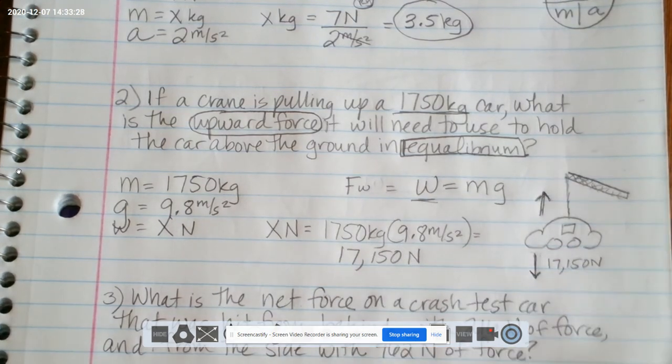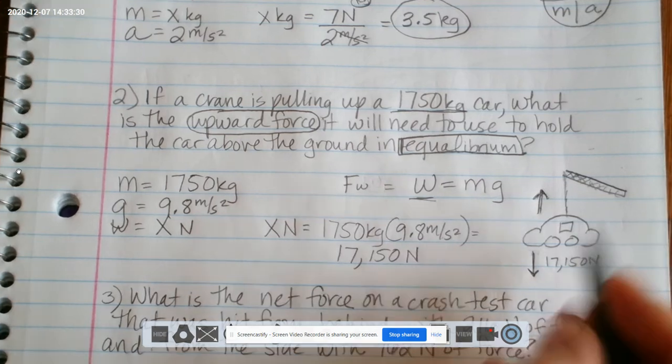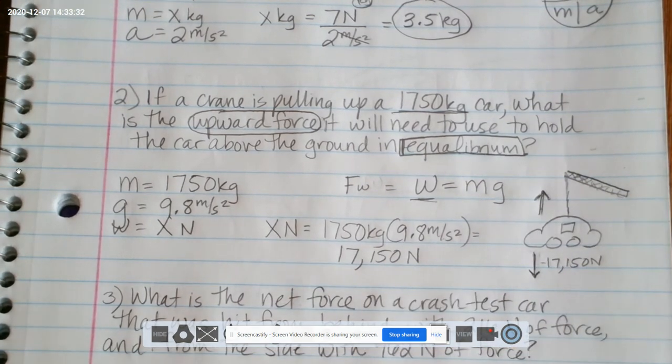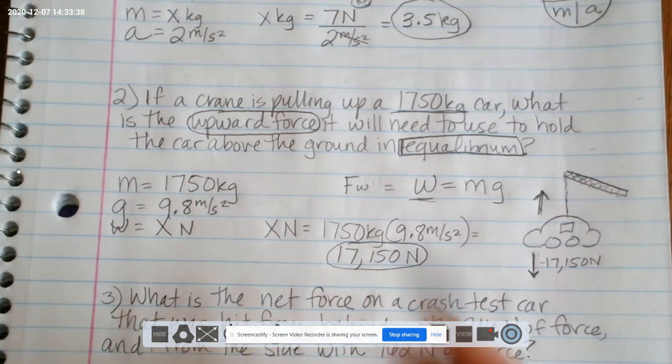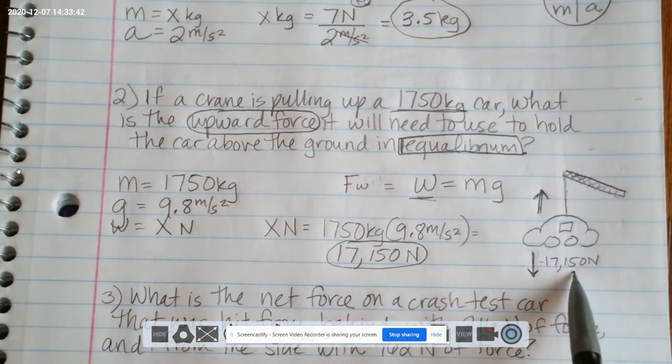Now, if I'm drawing this on a force diagram, I technically could put a negative there to remember it's pulling downward. If I'm answering it in a weight question, you never make the weight negative. Weight is never negative. But if I put it on a force diagram as a downward gravity force, then I'm going to add that negative.